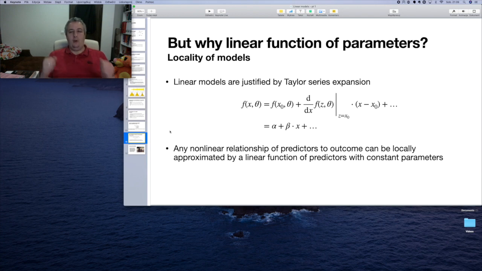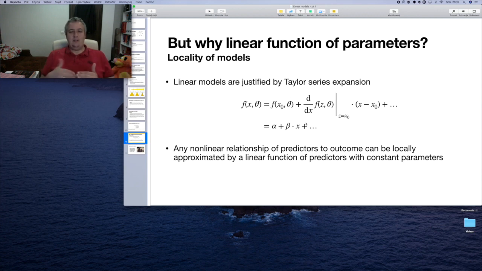So our models are local, and they can be justified by Taylor expansion. If you remember linearization from, for example, control theory courses, you know that we can approximate nonlinear functions for applications with linear versions of them. And of course, if there was a nonlinear relationship between predictors and parameters, we can always approximate it using Taylor expansion as a linear function of predictors with new parameters that are related to the original parameters in some way.